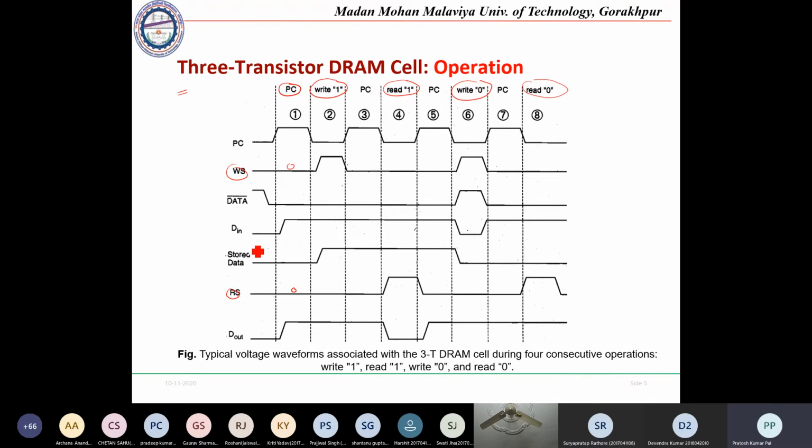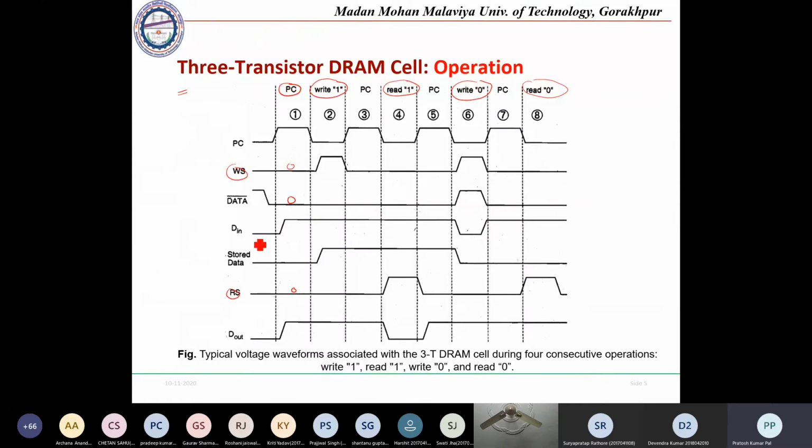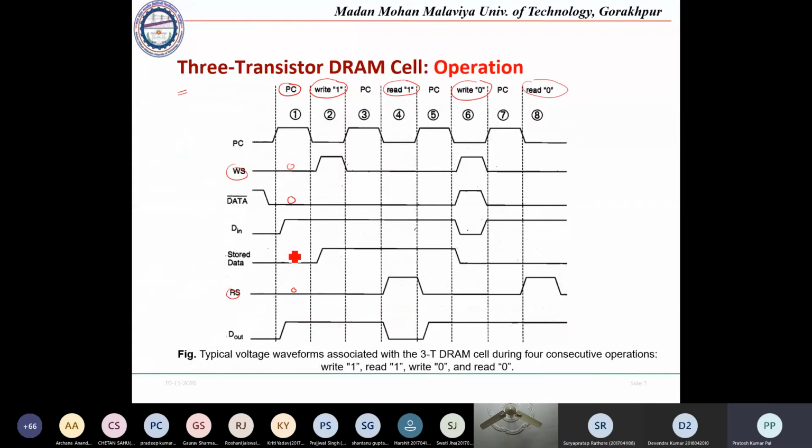Data bar equals 0 means the transistor connected here, called the read write access transistor, will be deactivated. So at pre-charge data in will be 1, and similarly the data out will also be 1, because both data in and data out are pre-charged.